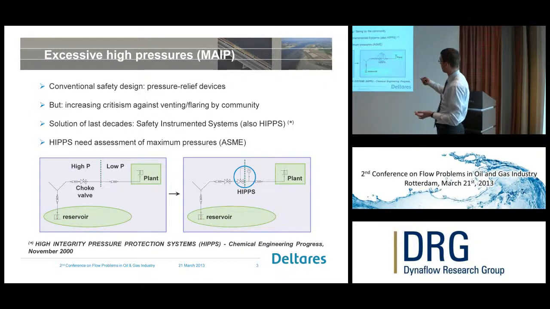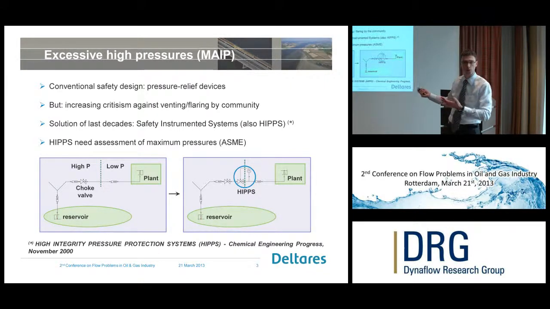If you want to use such a solution, the ASME in '96 made some comments in their standards. They said you can use such systems to protect your transport line, but then you also need to do an assessment of the maximum pressures.